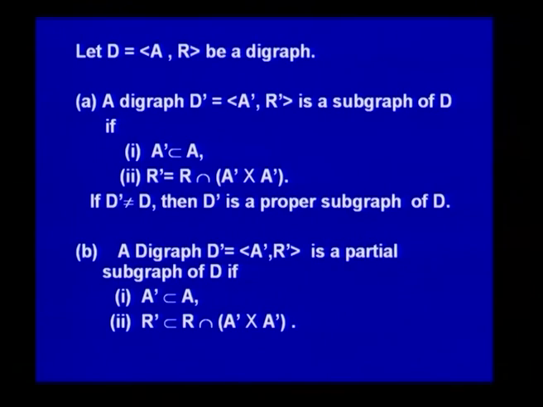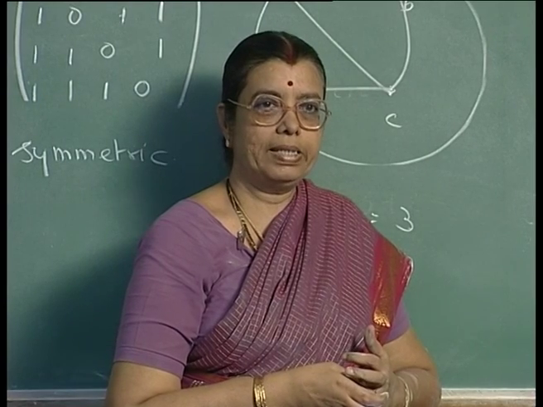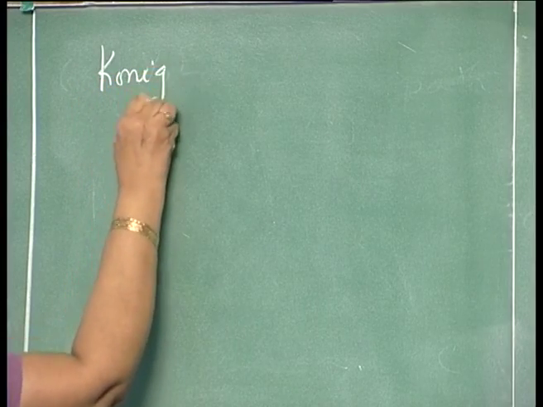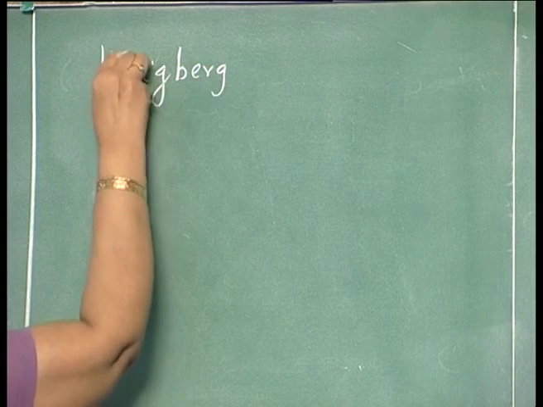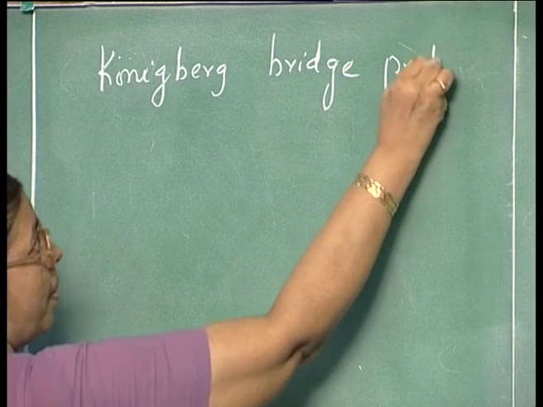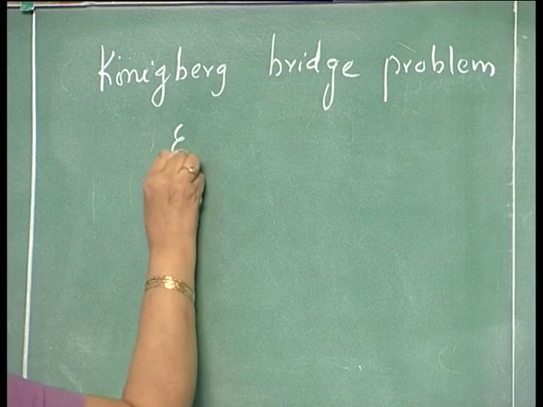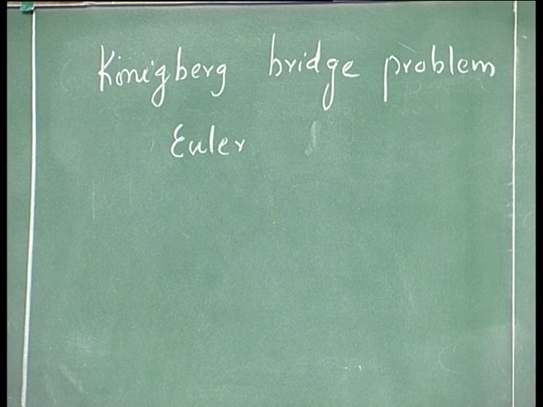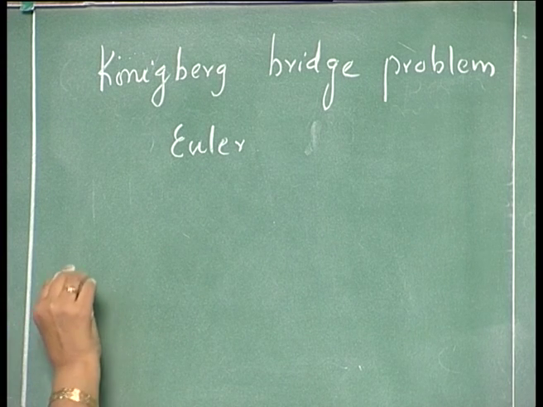Now, the whole graph theory started when Euler solved a problem called the Königsberg bridge problem, which was considered by Euler in the 18th century. And what was that problem?